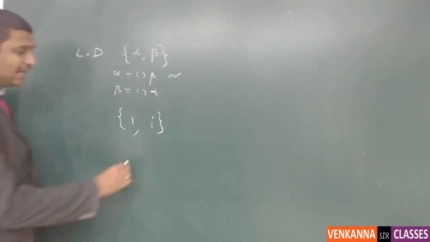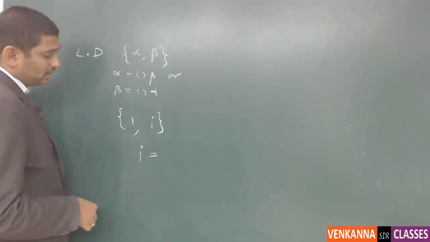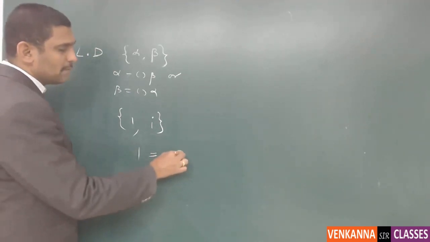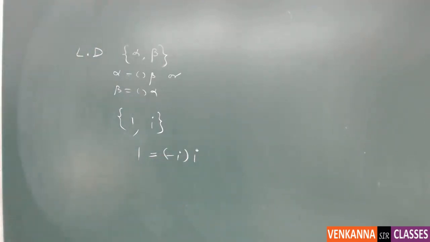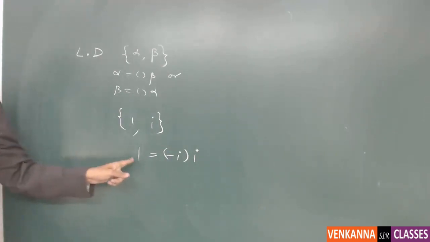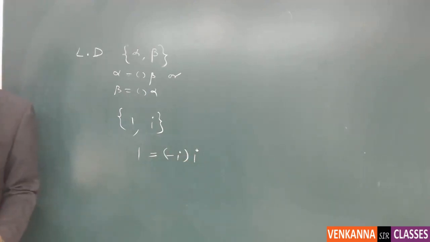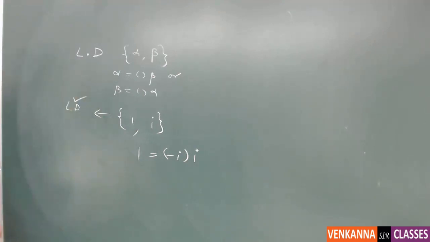Now, I can write that 1 is equal to minus i into i. Accepted? So I have written one vector as a multiple of the other vector. So this set is nothing but linearly dependent.